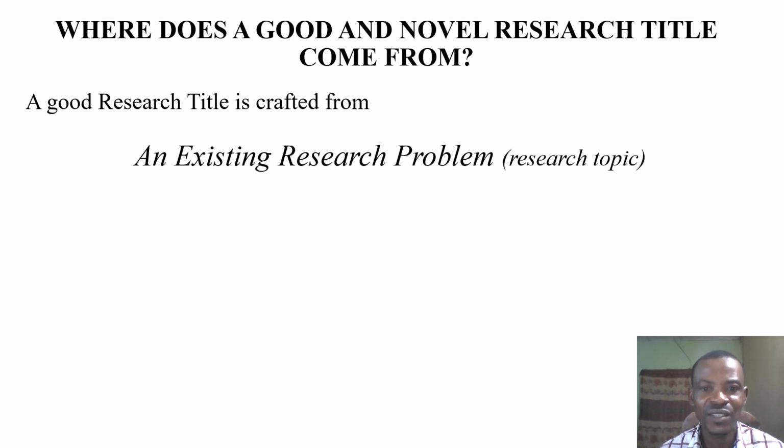A good research title is crafted from an existing research problem. Without a problem, you can't craft a good title or a novel title. Please take note that a good research title is crafted from an existing problem. So you must have an existing research problem that will enable you to craft a title.